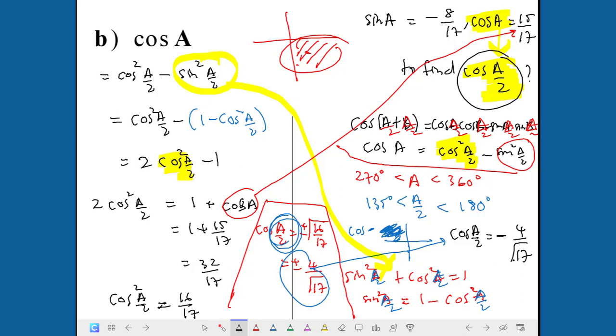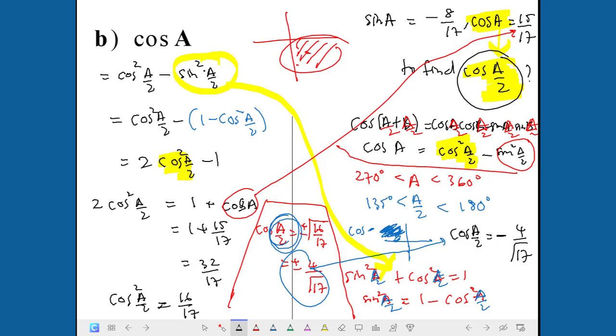I hope you understand. First, given sin A equals negative 8 over 17, using the Pythagoras theorem, find cos A: cos A equals 15 over 17. Now the question asks you to find cos A over 2, using the double angle, starting from cos A equals cos A over 2 squared minus sin A over 2 squared.